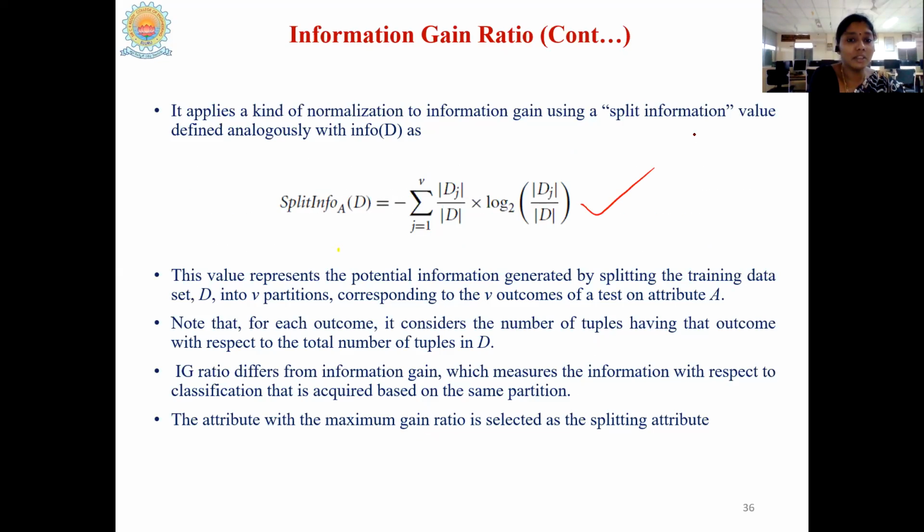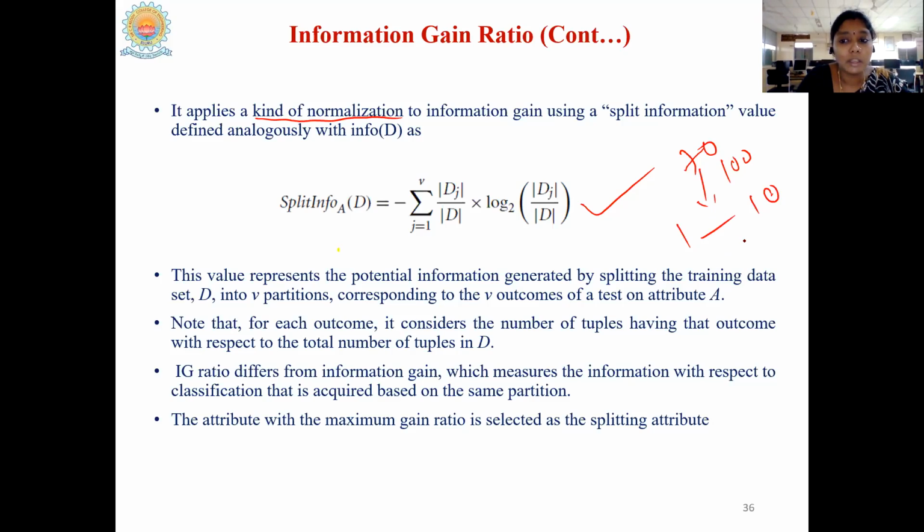What is this kind of normalization? Generally, normalization is nothing but scaling the values to a specific range. Suppose I have some value as 70. If I ask you to normalize it to the scale of 1 to 10, what is the equivalent value?